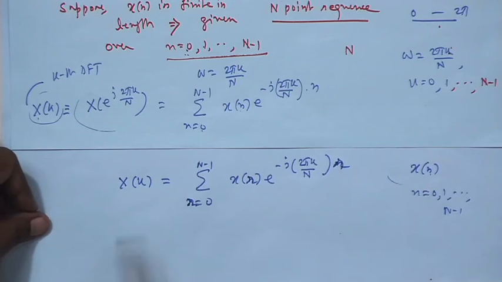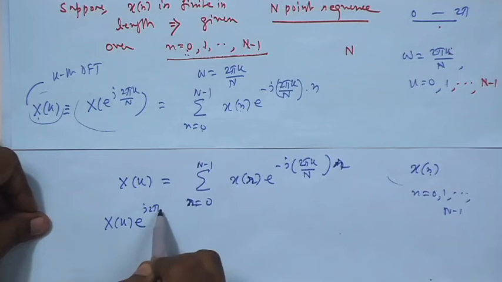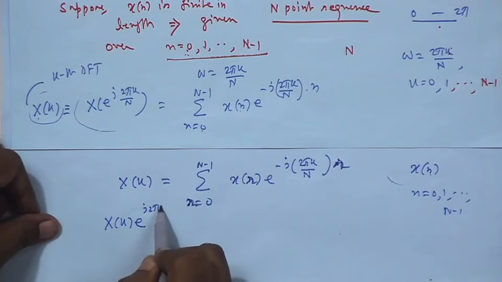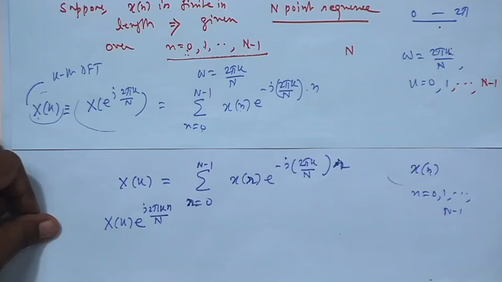Fine. So, once n is known, on the left hand side I multiply by e to the power j 2 pi k n by capital N, with the same k.